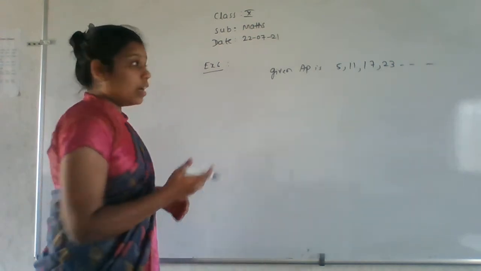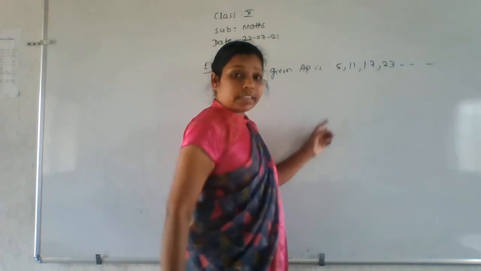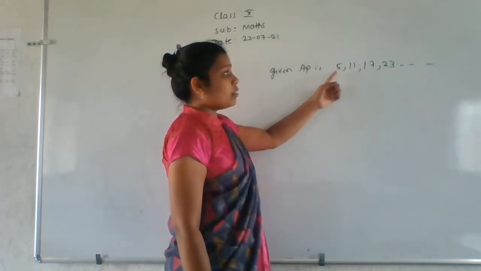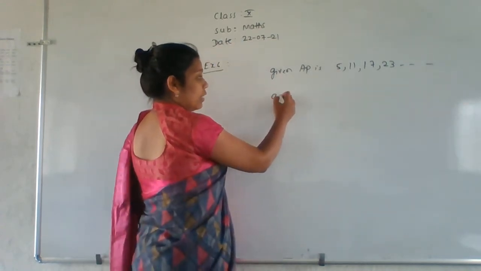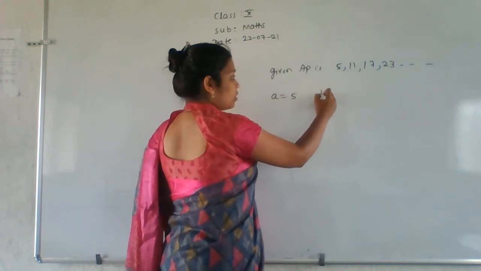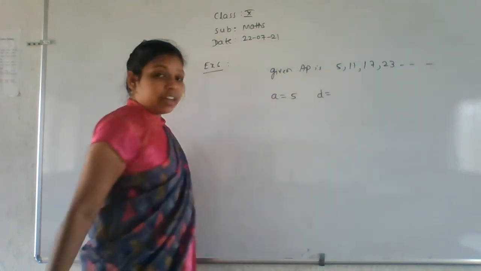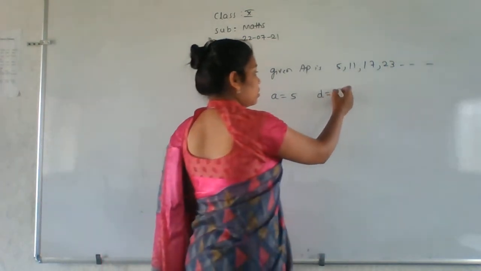First write the first term: a is 5. And what is the difference? 11 minus 5 is 6. So the difference d is 6.